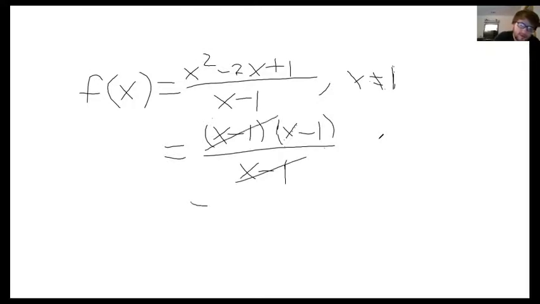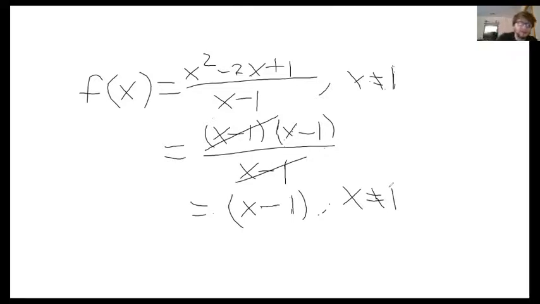And then we're just left with f of x equal to x minus 1. But we have to keep in mind our condition, and that's that x cannot be equal to 1. We have x minus 1 as a simple example, and we know that that's normally continuous over every point. So we just need to add in the fact that x cannot be equal to 1.